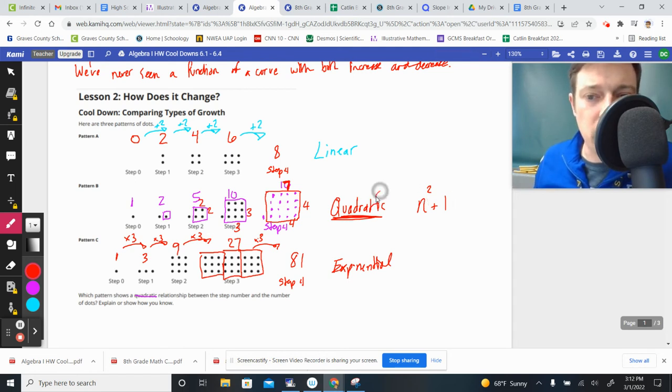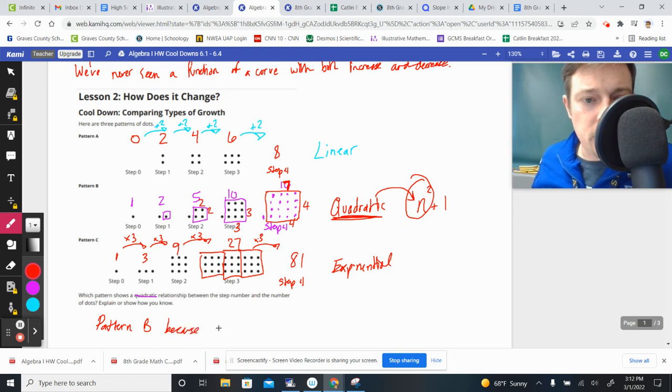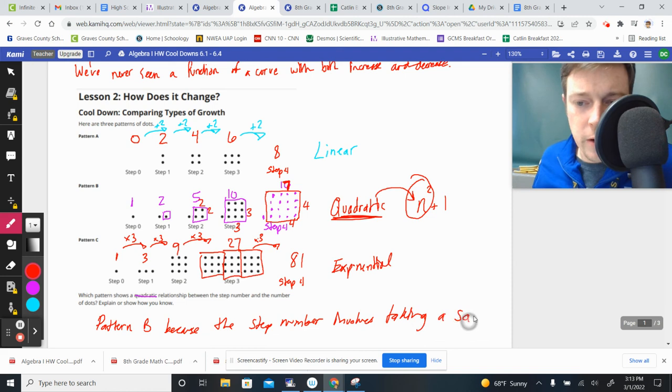But what makes it quadratic is this squaring action that we're going to see pop up in our functions as we continue to look deeper into this. So which pattern shows a quadratic relationship? Well, it would be pattern B, because the step number involves taking a square.